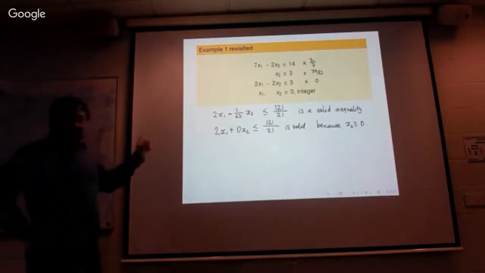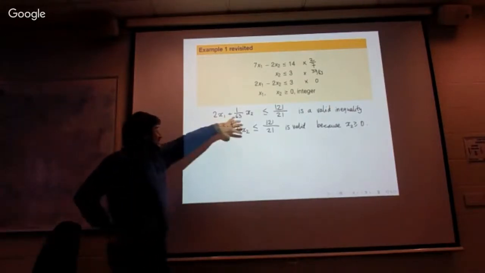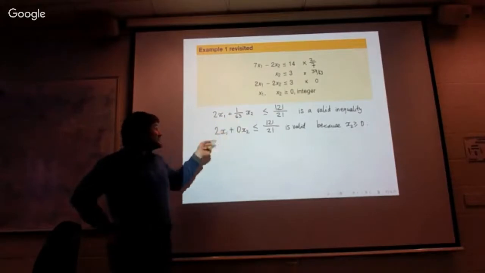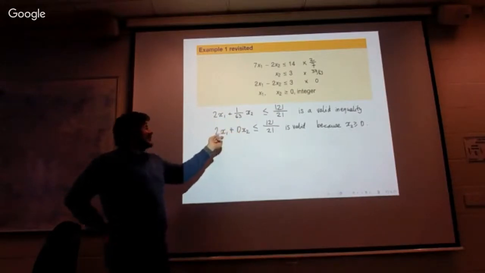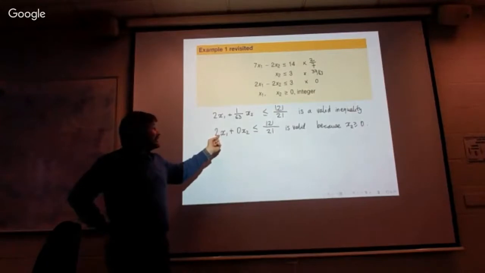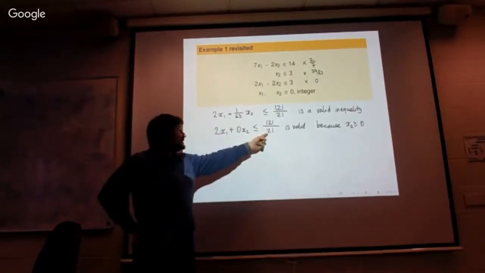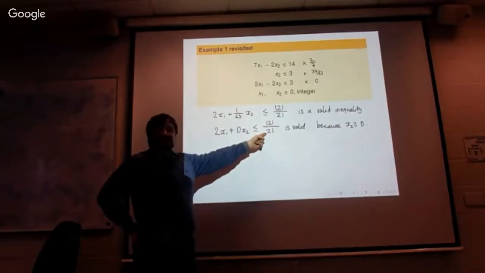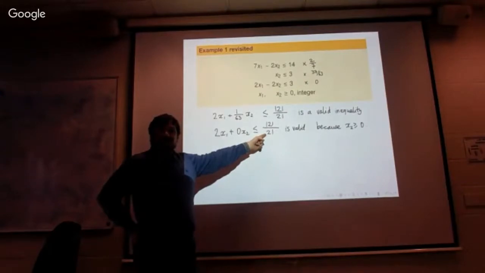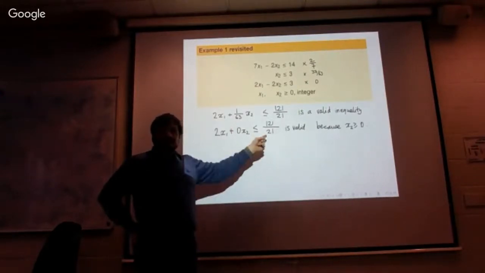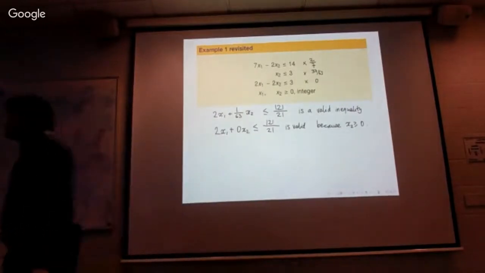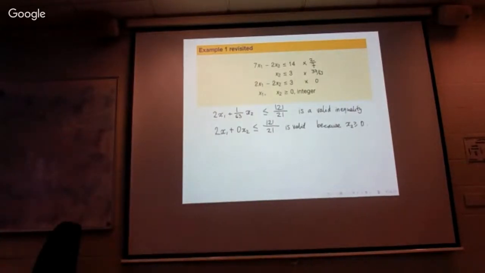The next trick was, because x1 is an integer, 2 times an integer must be an integer. And it's less than or equal to something that is less than 6. So it must be less than 6. So if it's less than 6 and it's an integer, it cannot be more than 5. Okay, so 2x1 is less than or equal to 5 is a valid inequality as well.